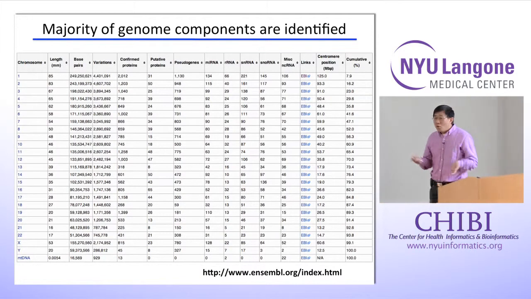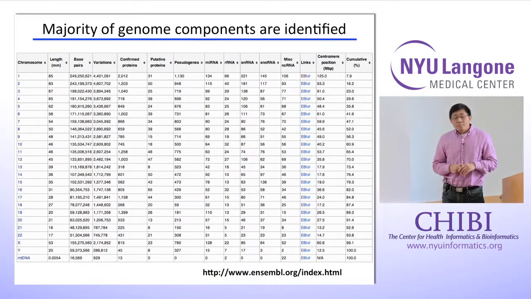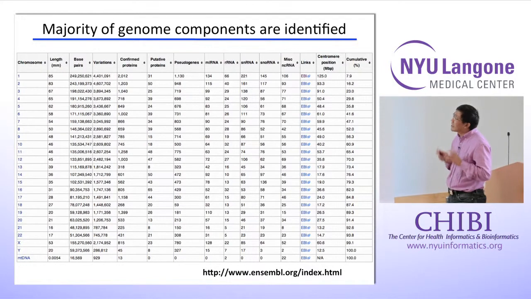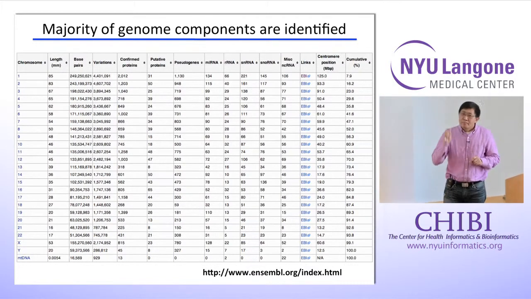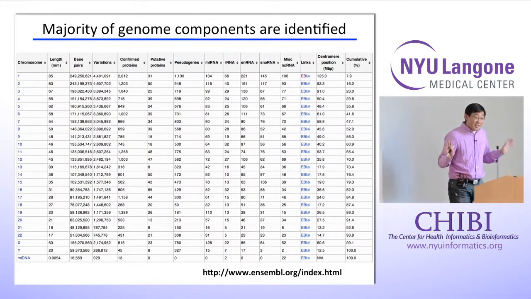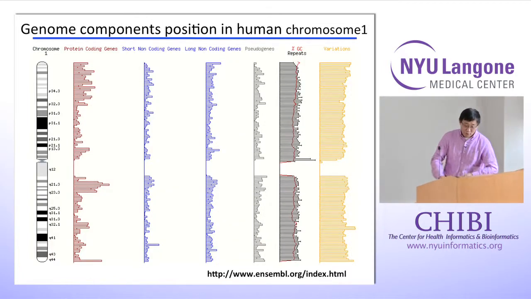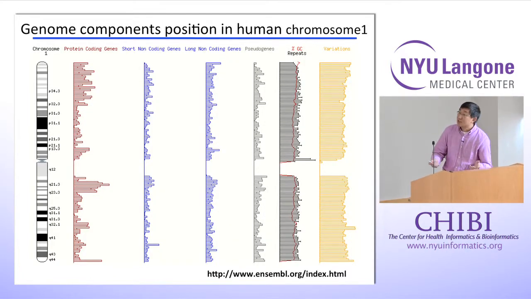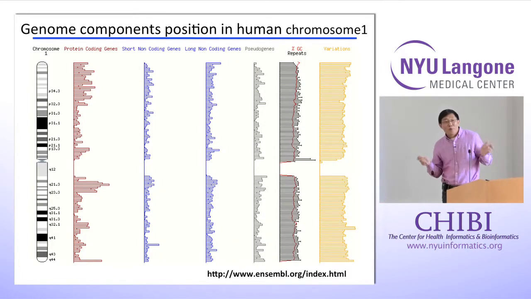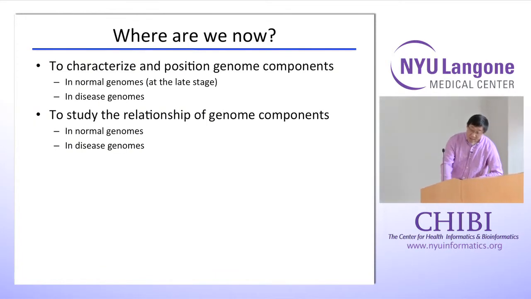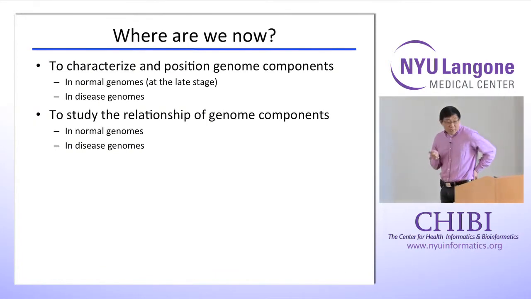So far, we know lots of different components of the genome. We can almost position every component we know in the genome. Not just that, but where they are and how big they are. So where are we now?